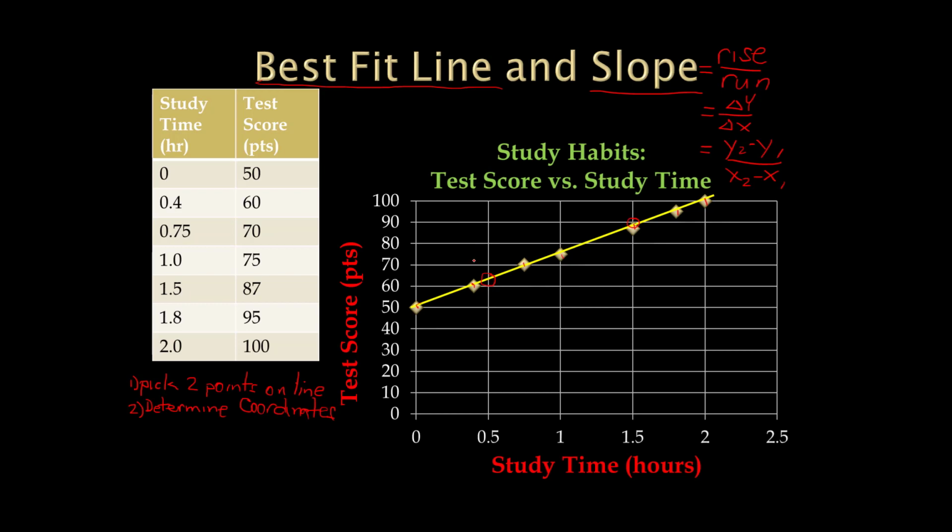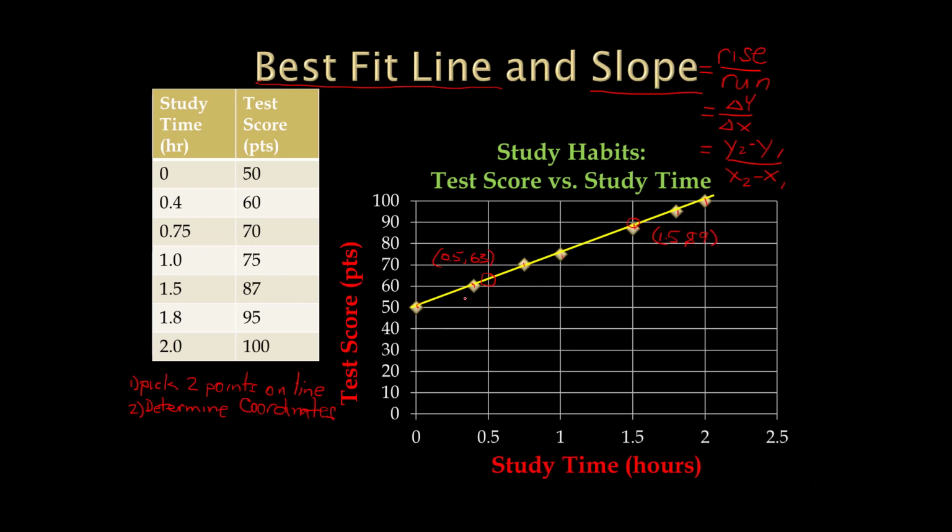Next, I'll determine as best I can the coordinates of our 2 points. This one looks like it's 0.5, and when I move over here, it looks like about 63. For this other one, we know that is 1.5. And our other value, just below 90, I'm going to say it's about 89.